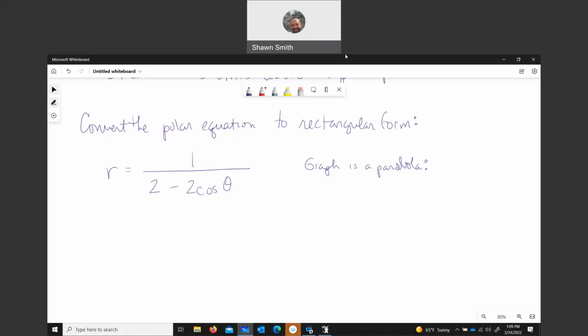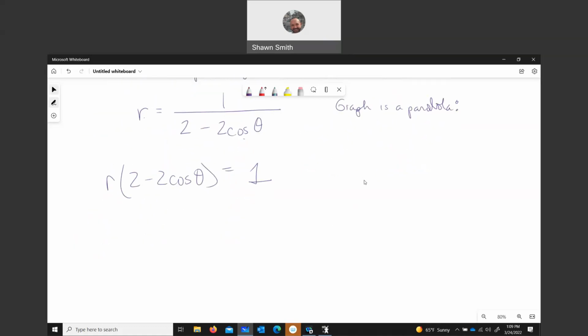R times 2 minus 2 cosine theta would be equal to 1. If I distribute r across, 2r minus 2r cosine theta is equal to 1. Well, we know what r cosine theta is, from the conversion last test, how to go from polar to rectangular and rectangular to polar.